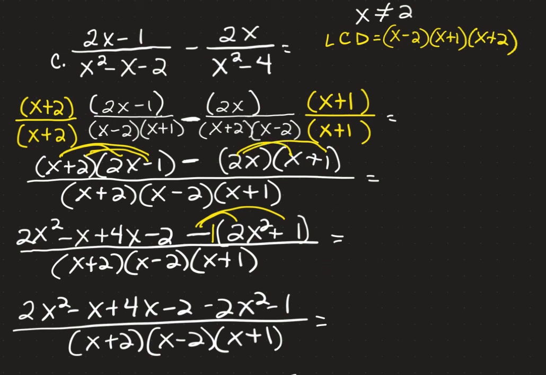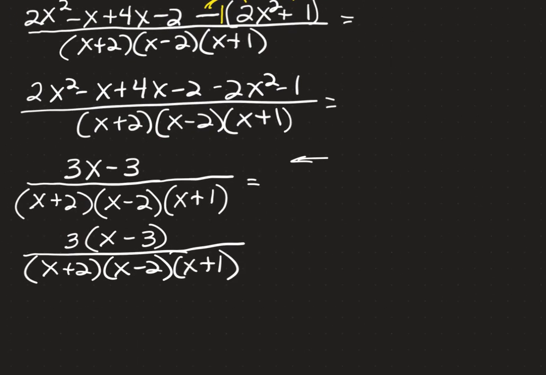None of those disappeared completely. We have an example of every one of those factors remaining in our answer. We have x plus 2, we have x minus 2, we have x plus 1. There were no other factors in the original. Nothing has canceled from the numerator and the denominator.